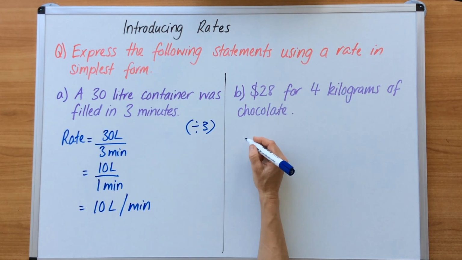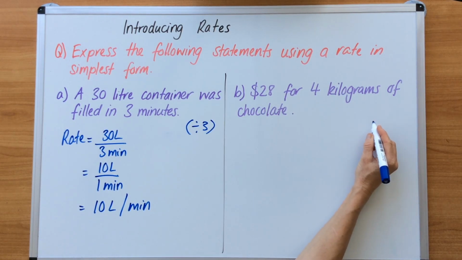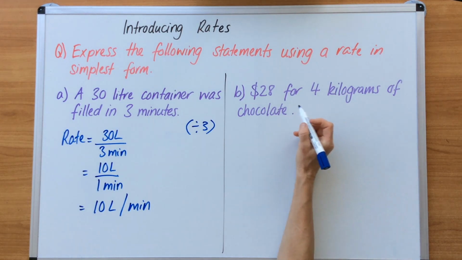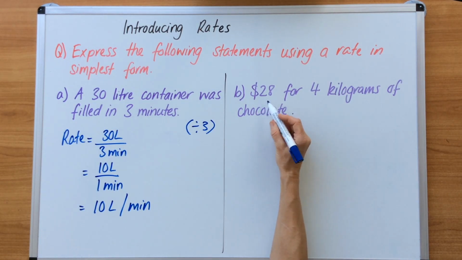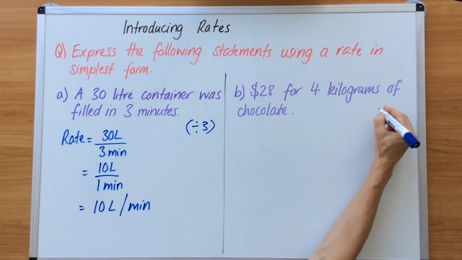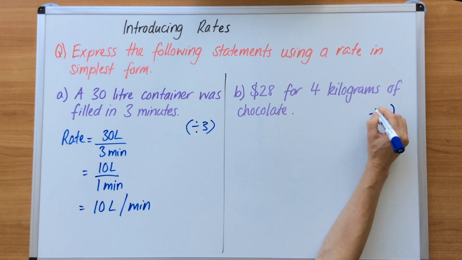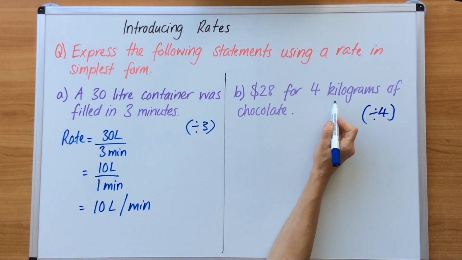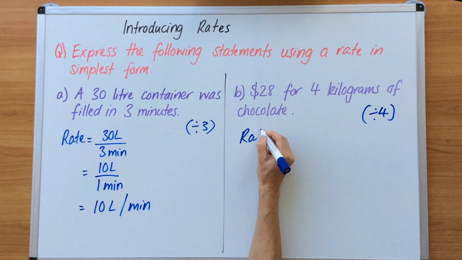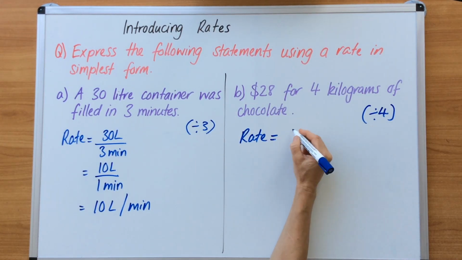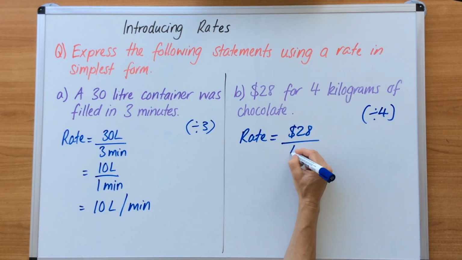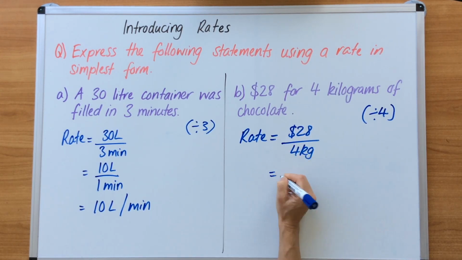The next one over here, we have $28 for 4 kilograms of chocolate. So I've got $28 and 4 kilograms of chocolate. I want to divide by 4 because I want to bring it down to per kilogram, per 1 unit. So rate equals $28 divided by 4 kilograms.